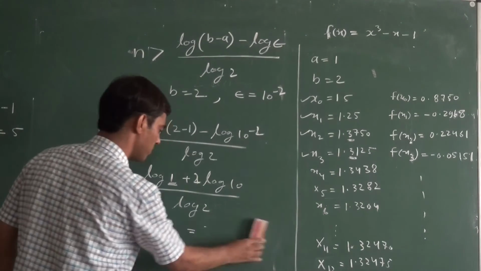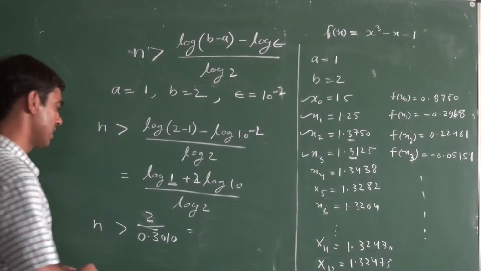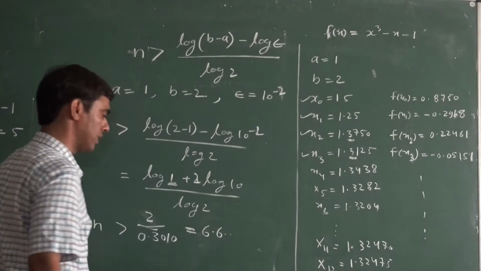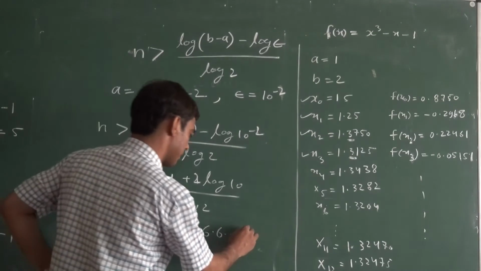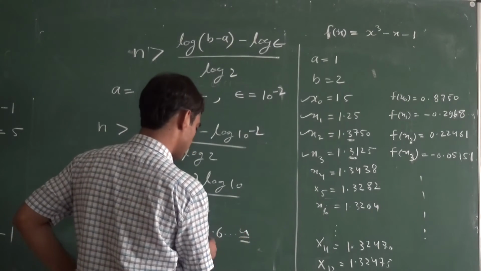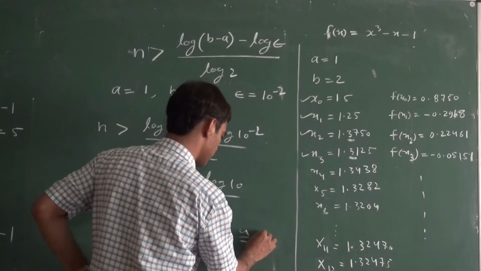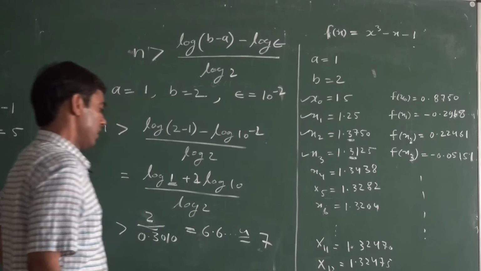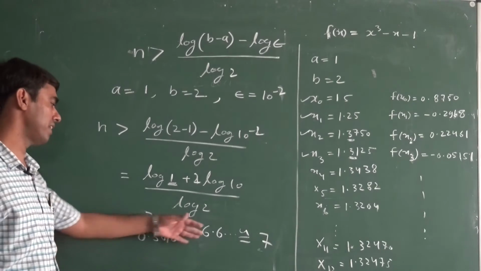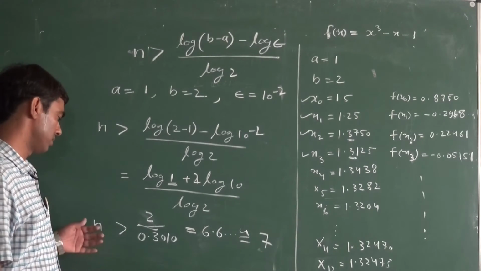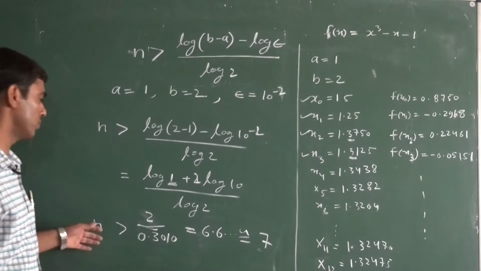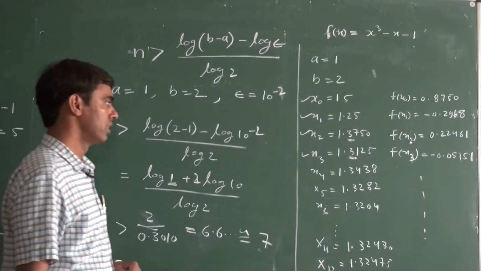Now what is the value? The value is 6.67, like 6.6 and so on. The number of iterations cannot be a fractional or real value, it must be an integer. So n must be greater or equal to 7.